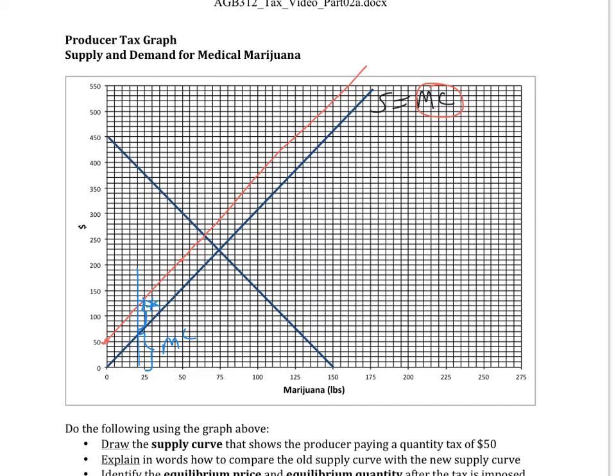So what we have to do is figure out what the equilibrium quantity is. We have to look at what's happening on the demand curve. Well, nothing is changing on the demand curve in terms of the marginal willingness to pay. The consumers are still reflecting everything in that demand curve as it was before.